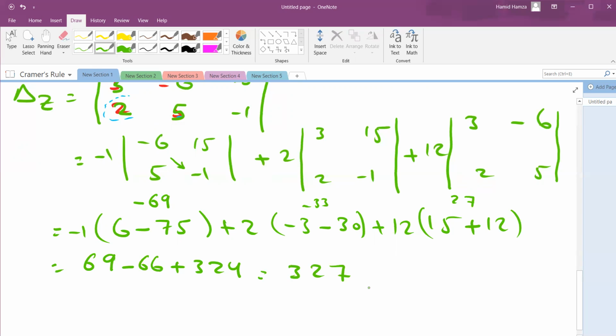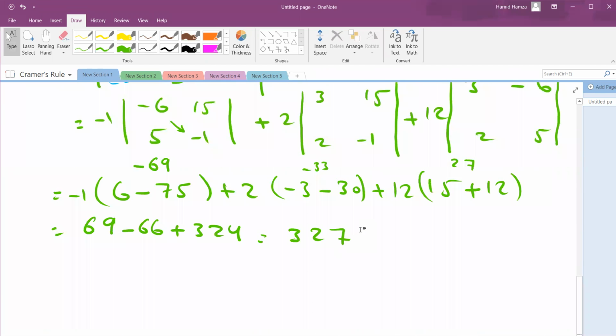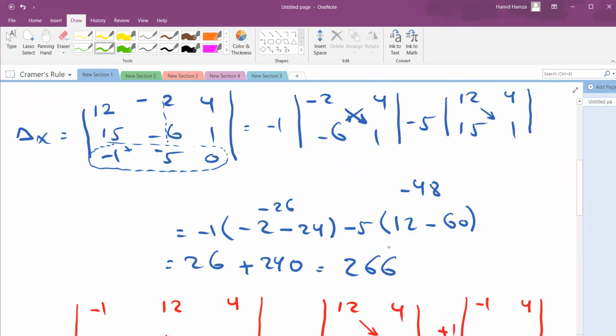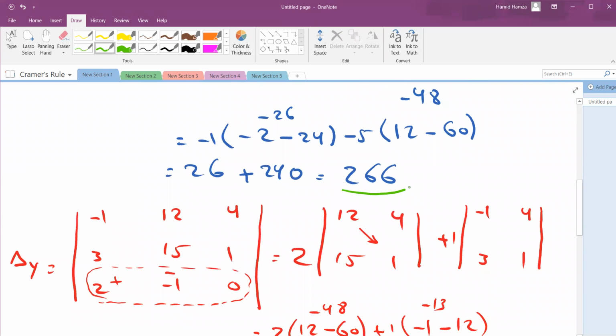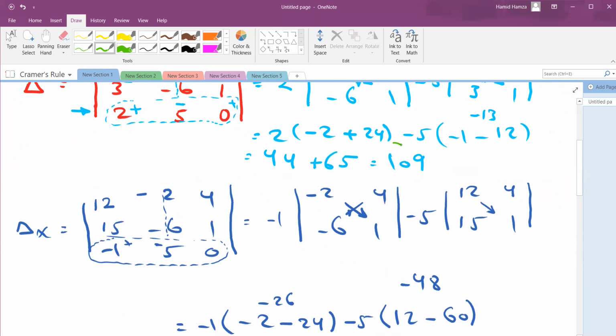Now we are finished after finding the three determinants, delta x, delta y, delta z. Now we will find the solution. So the value of x will be delta x over delta. Delta x is 266 divided by delta, so delta is 109.